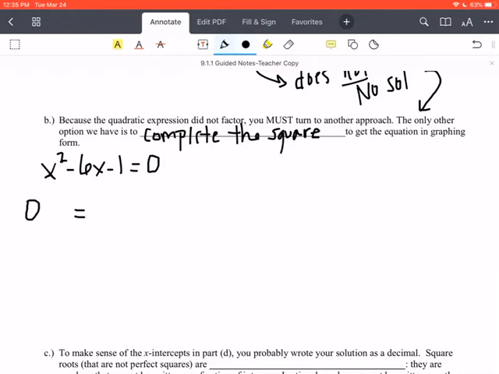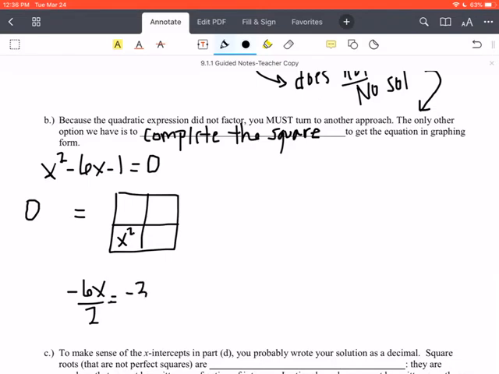We are going to leave a blank, and then we are going to make our square and we are going to always place our x squared term in the bottom corner. And then we are going to think about negative 6x divided by 2. This is kind of our scratch work, which negative 6x divided by 2 is negative 3x.